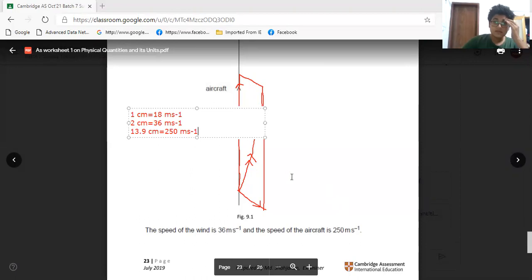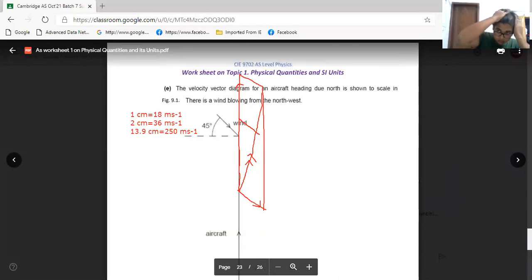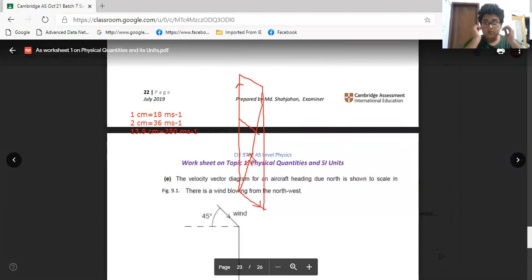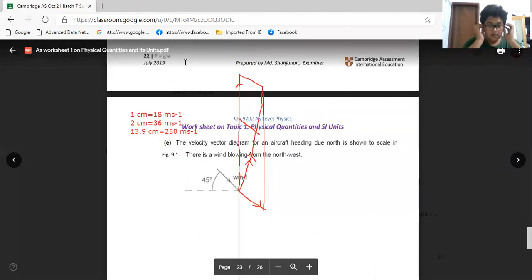And now you will do another thing, the angle. For the angle, you have the protractor, right? Look, first identify the angle between these two vectors. If you give this dotted part a little extension, and if it is 45 degree, then this lower part is also 45 degree.